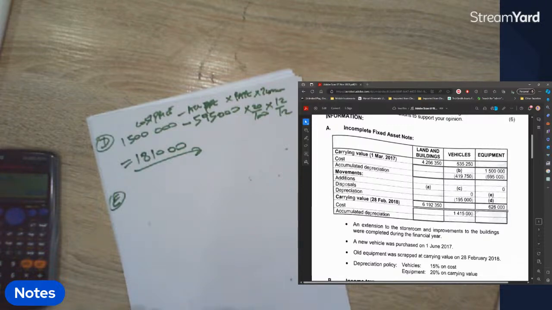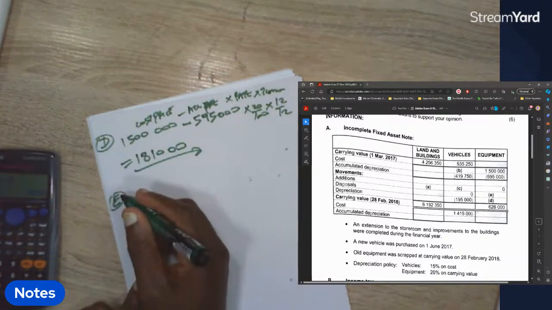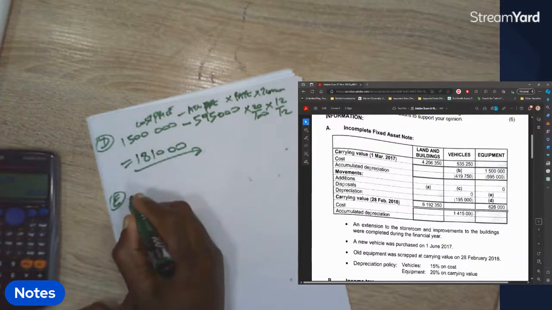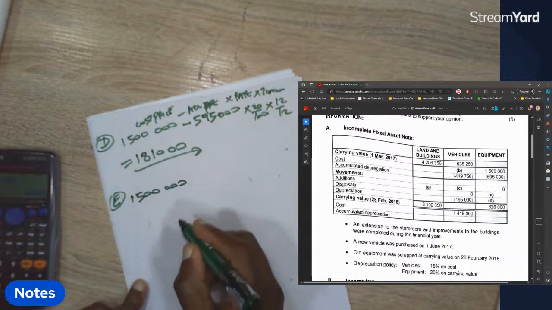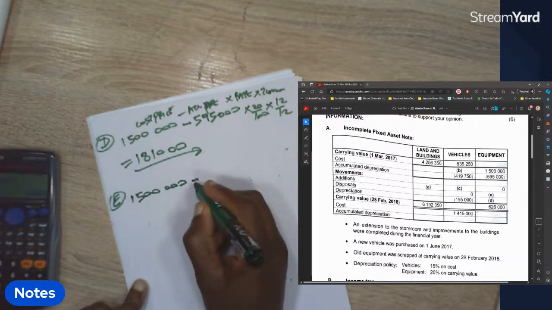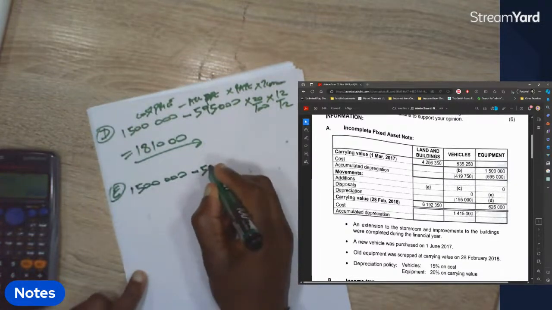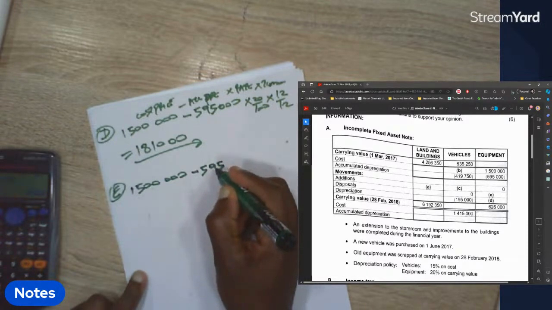Okay, let's look at E. E, it's a disposal, right? But we don't have an addition, right? So where do we start? We have our cost price at the beginning of the year, which is 1.5 million, right? 1.5 million minus accumulated depreciation of 595,000, right?